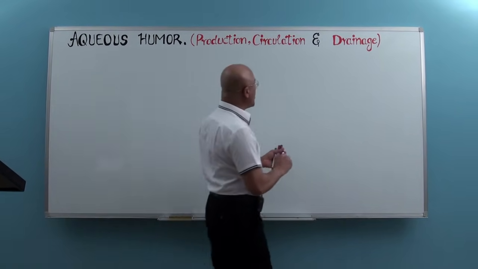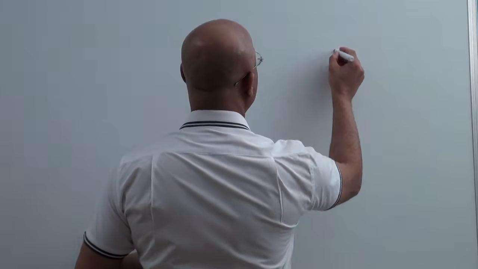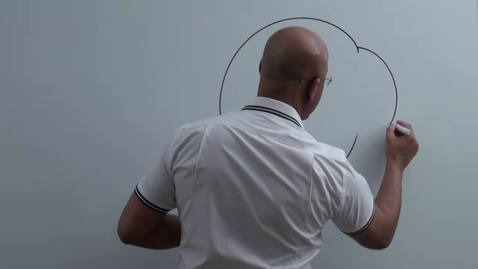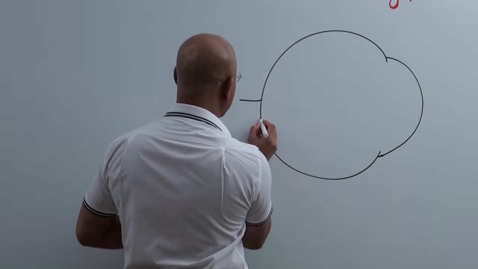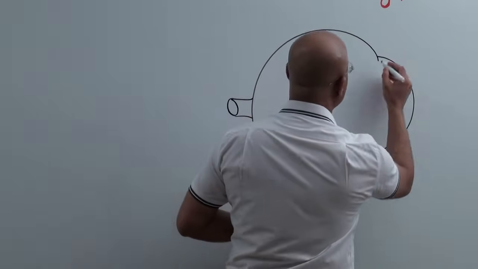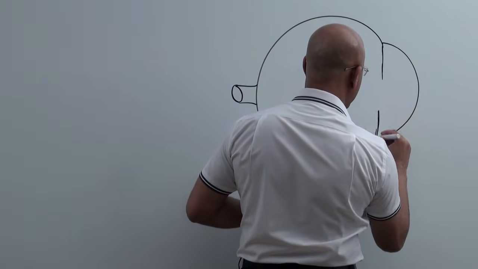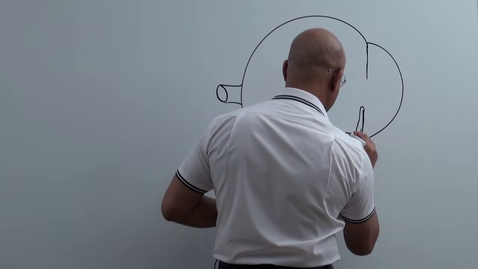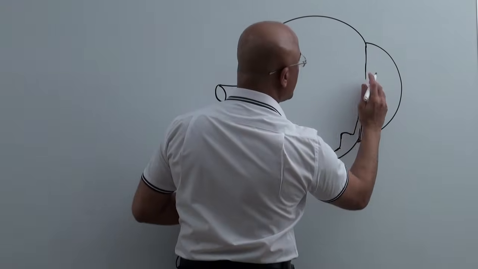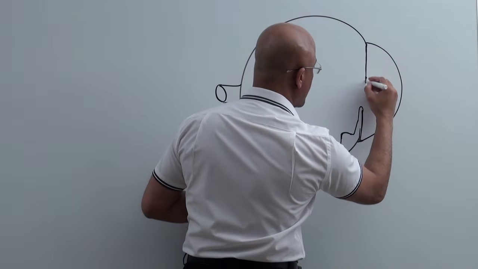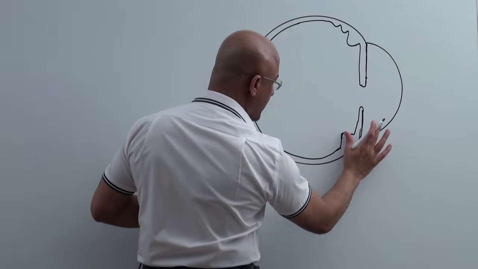So let me draw a basic structure of the eyeball. Here is your sclera and cornea, and now of course your optic nerve. Here I can put the iris, and here is the ciliary body and choroid.